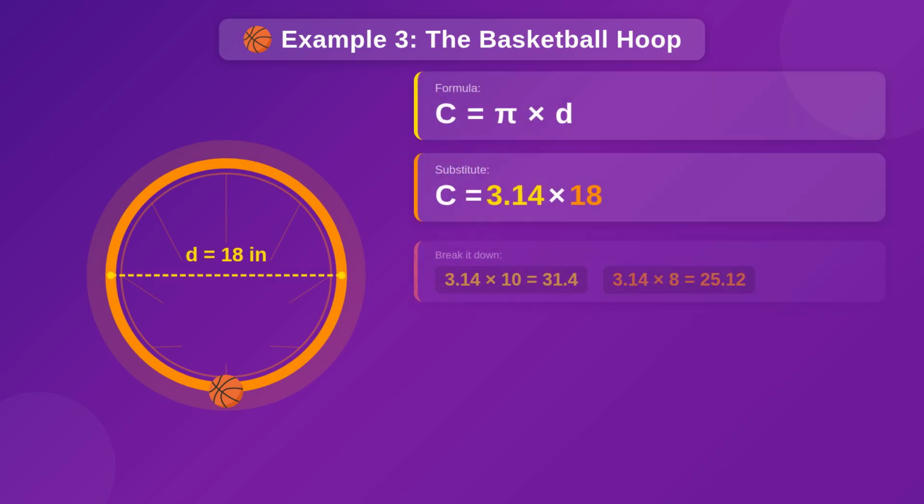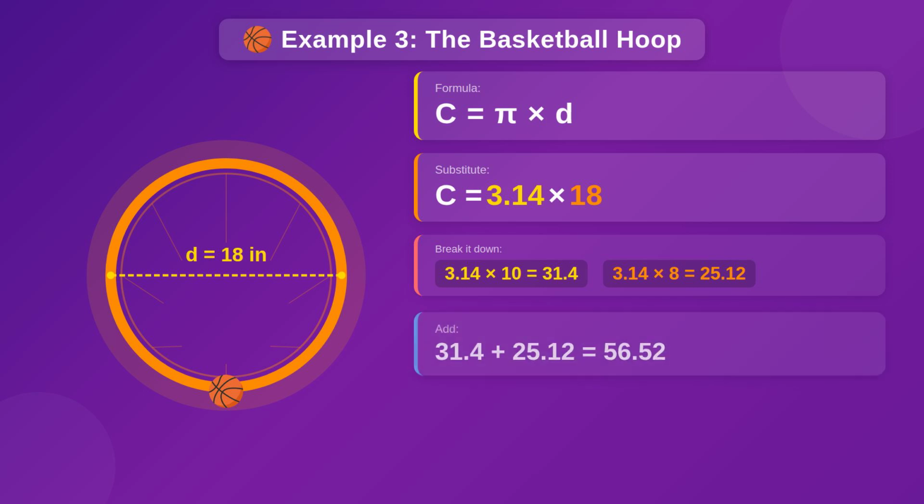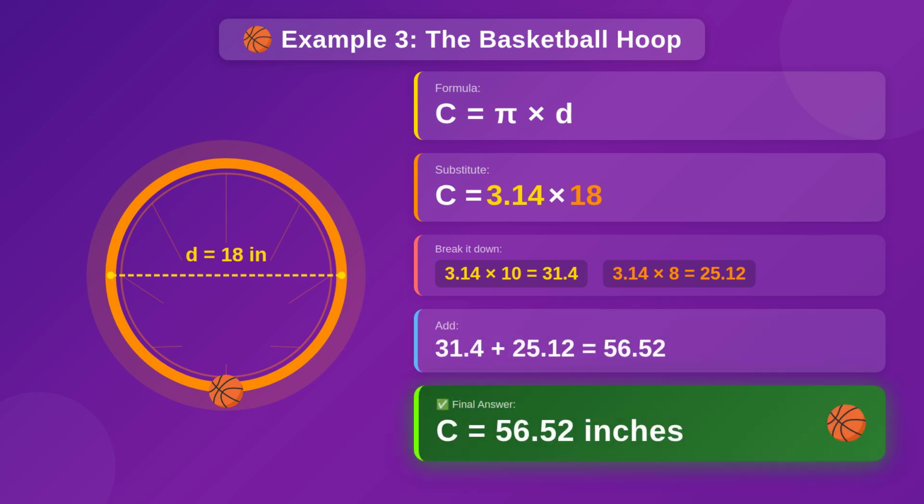Maya's little brother Marcus plays basketball, and he wants to know the circumference of the hoop. A regulation basketball hoop has a diameter of 18 inches. We know the diameter, so we use c equals pi times d. That's c equals 3.14 times 18.